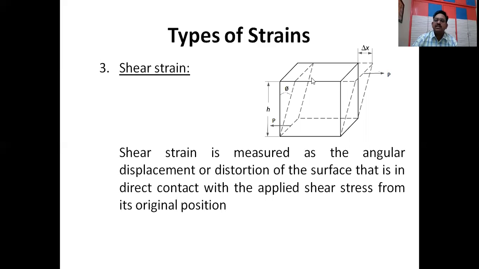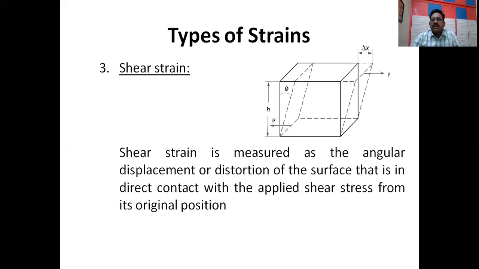Let us suppose that this block is subject to shear load P. That means the load is applied on the top layer and on the bottom layer in opposite directions, tangentially, so the force applied here is shear force. Therefore it is subjected to a shear stress because the force is applied tangentially.